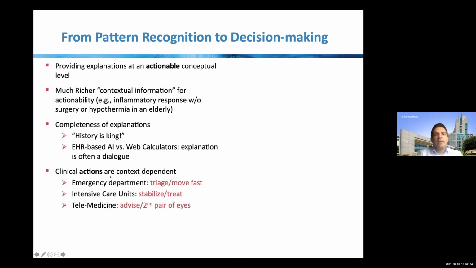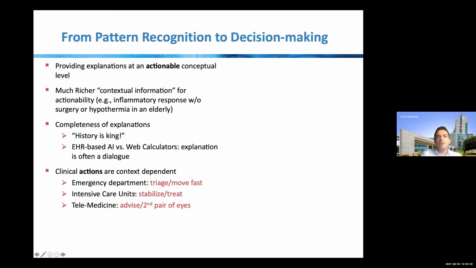The next topic is that the notion of interpretability depends on clinical context. In my world, I work with emergency doctors, intensive care unit doctors, and in some cases telemedicine doctors. They all have their own objectives. In the emergency department, you want to very quickly move patients to the next stage. If this is a critically ill patient you think is going to crash, you want to move them to the ICU.